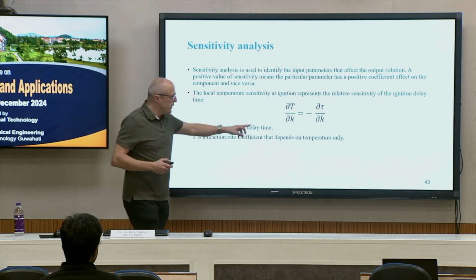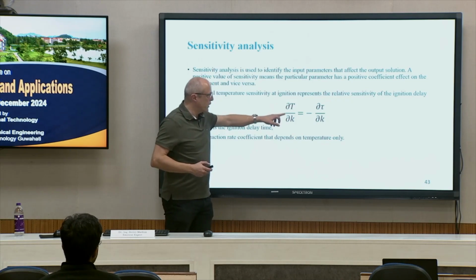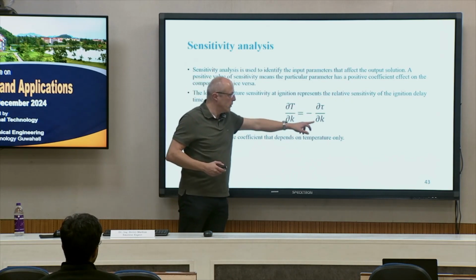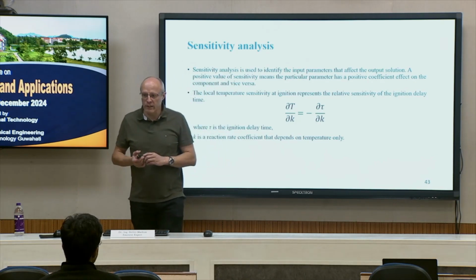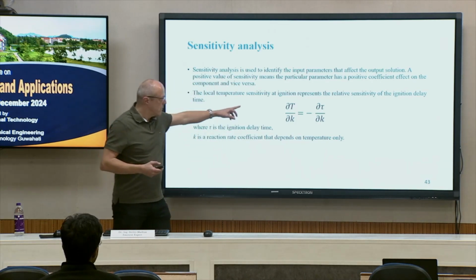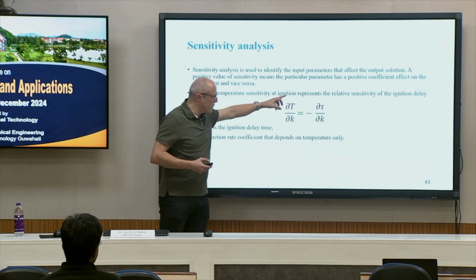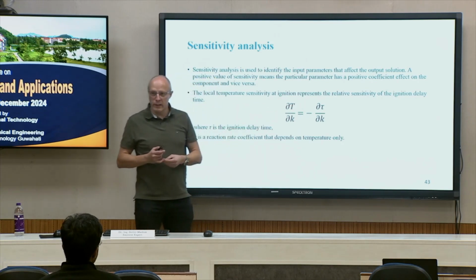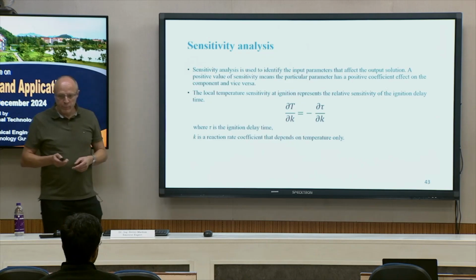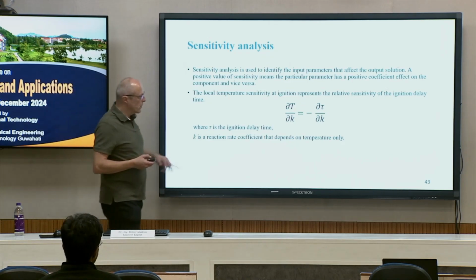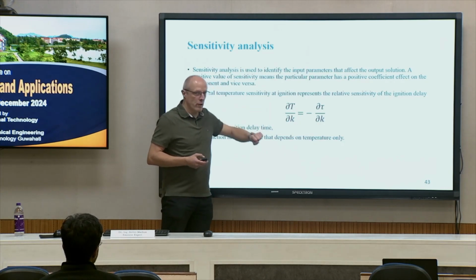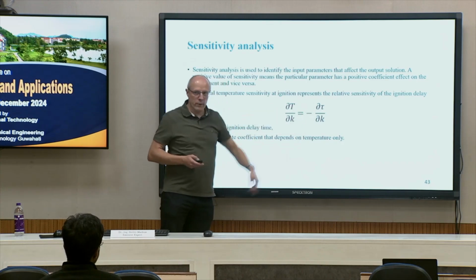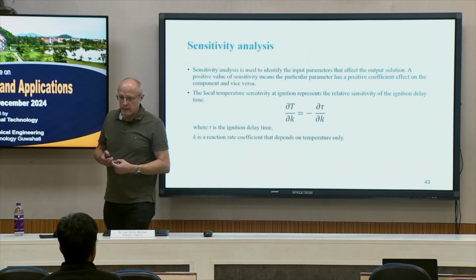So if we change the temperature, we change the ignition delay time, and an increase of temperature decreases the ignition delay time. That means if we change this parameter, it directly changes also the ignition delay time.